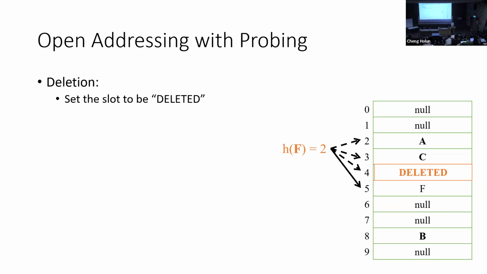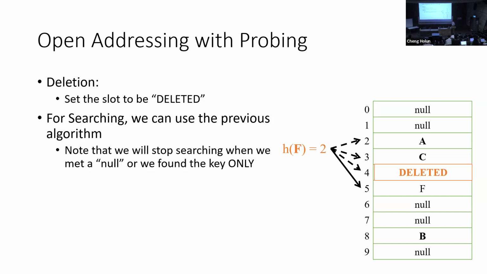So go back to the searching. We start to search for F in slot 2. We go to 3. 3 is not F, too bad. You go to slot 4. No one's there, but you don't stop because the slot is not empty. Someone was there, and there was a chance that F was bumped to another slot because someone was there.